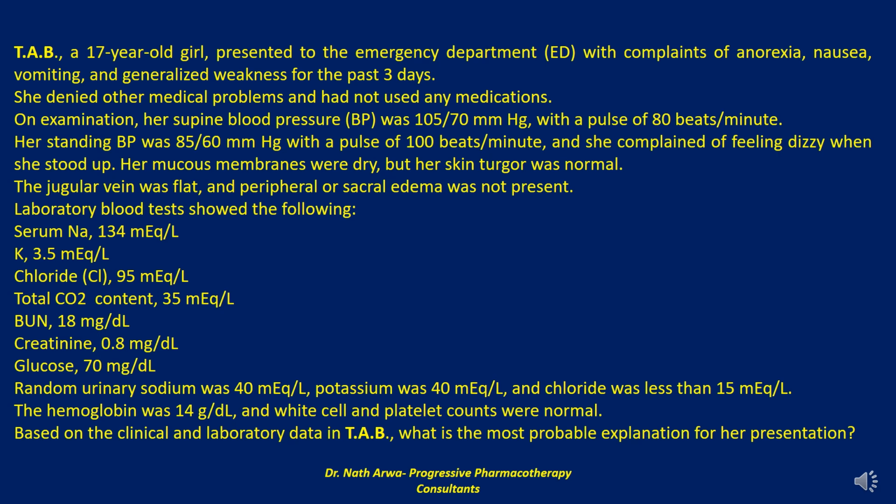Glucose levels of 70 mg per deciliter. Random urinary sodium was 40 milliequivalents per liter, potassium was 40 milliequivalents per liter, and chloride was less than 15 milliequivalents per liter. The hemoglobin was 14 grams per deciliter, and white cell and platelet counts were normal. Based on the clinical and laboratory data in TAB, what is the most probable explanation for her presentation?